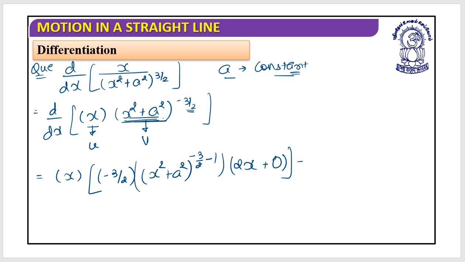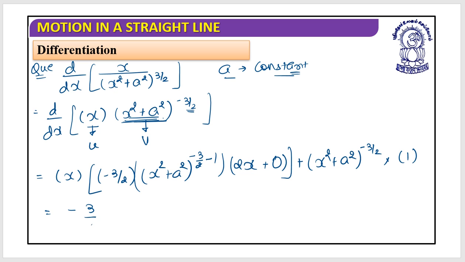Now you need v multiplied by du by dx. So v you need to write like this, x square plus a square to the power minus 3 by 2 multiplied by du by dx. It's d by dx of x, which is 1. Very easy. Okay, so let us try to solve this. What data am I having?